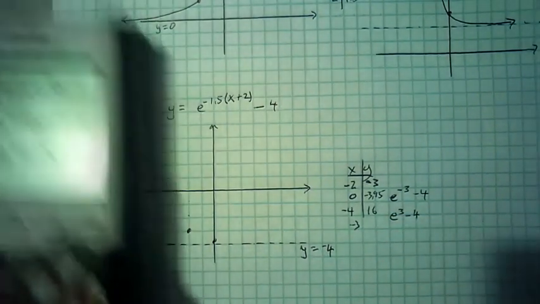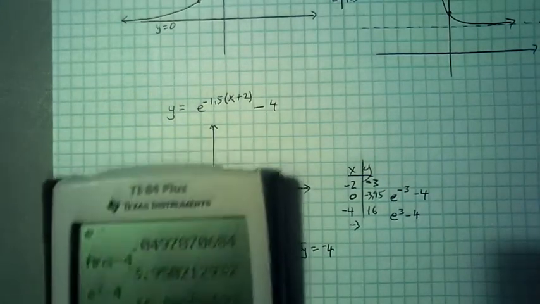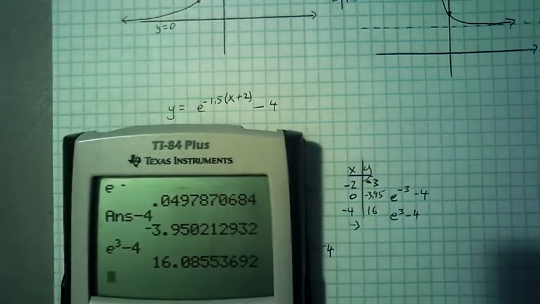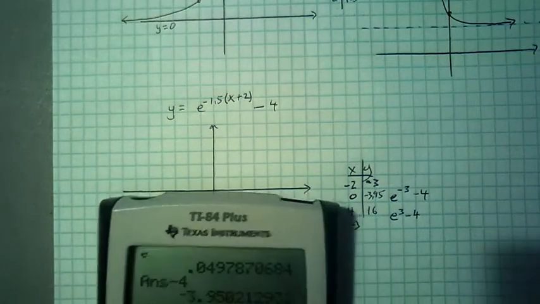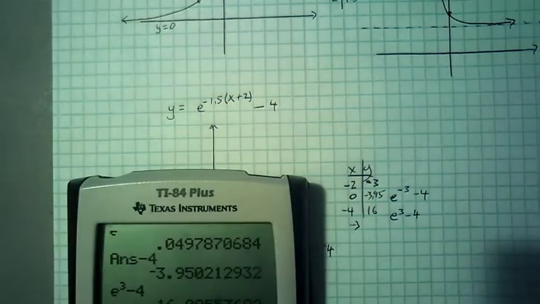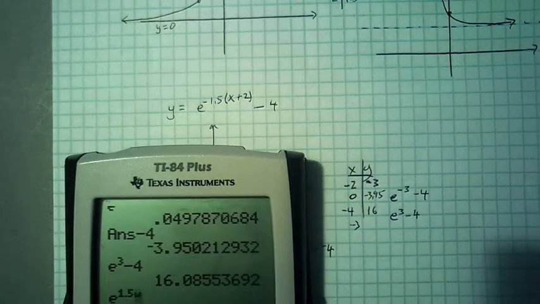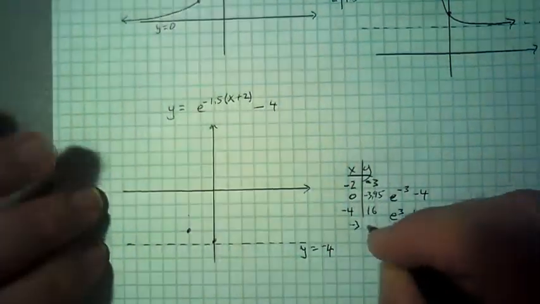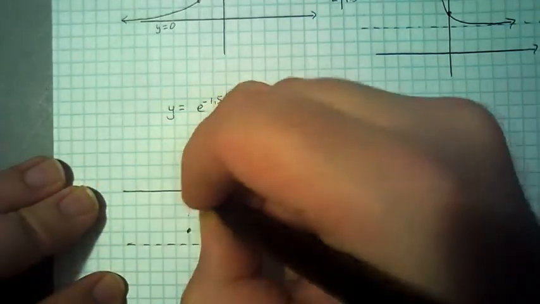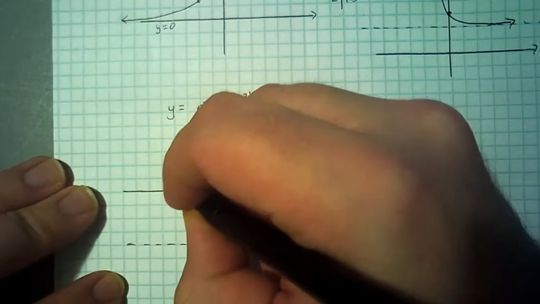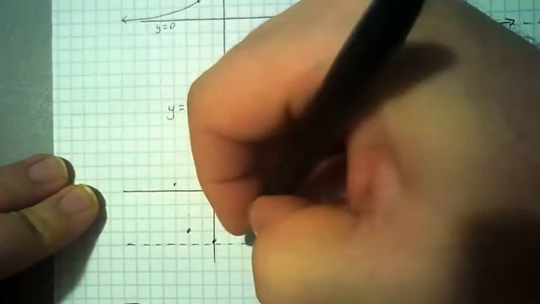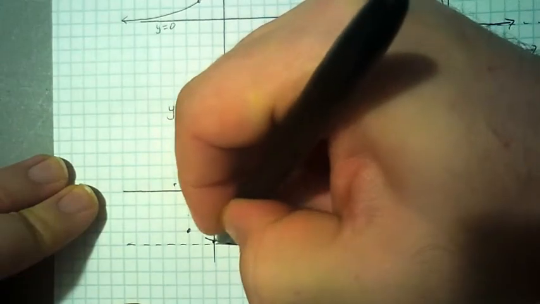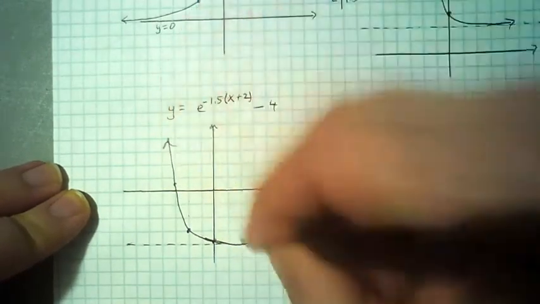So I will do that now, although that's going to give me e to the negative 1.5 times negative 1, which is 1.5, minus 4, 0.48, which is much easier to graph. Now I'm much more comfortable drawing my curve.